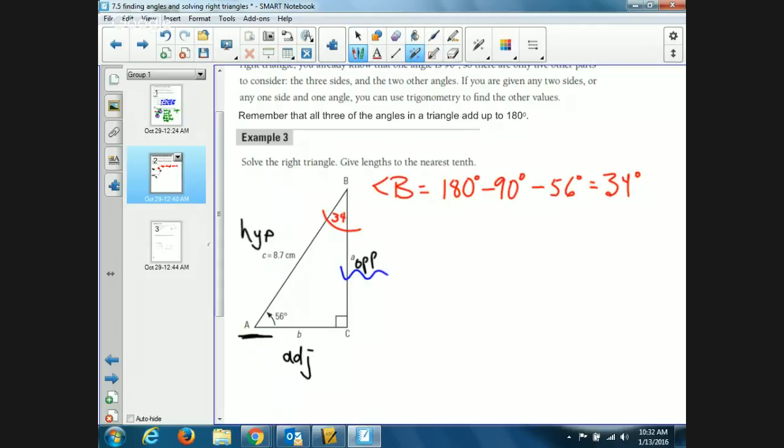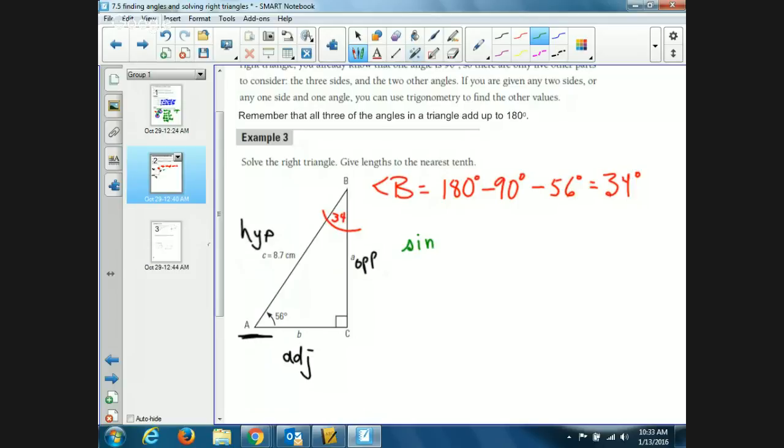Side A, and we have 8.7. Hypotenuse and opposite. Which one of sine, cosine, tangent involves hypotenuse and opposite? It's the sine. We're going to go with the sine. You're going to write this down.